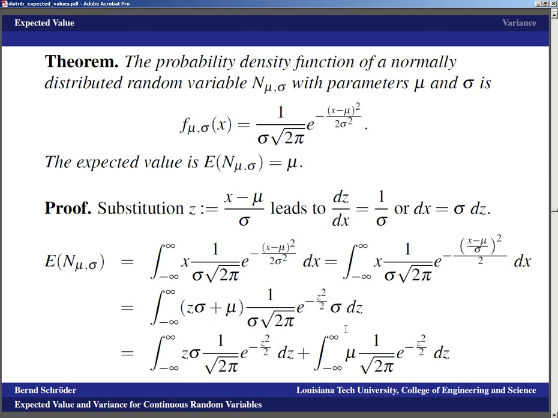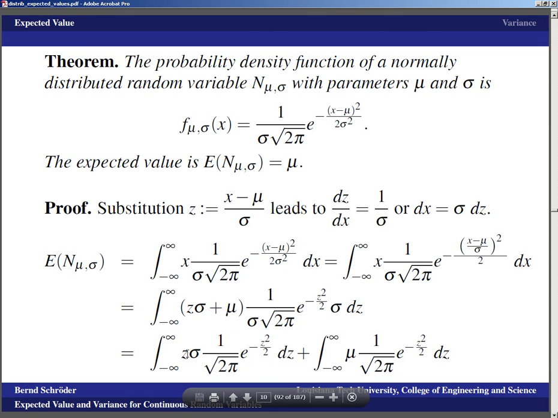Neither of them is terribly pretty, but then we use some of the calculus that we know, some of the geometric stuff. First of all, clearly, this plus sign is this plus sign here. I just broke the integral up into the integral of z sigma times the density plus the integral of mu times the density. Well, what I have continually preached is that there is no decent antiderivative for this density function.